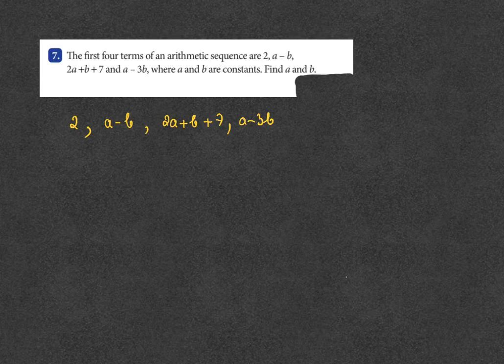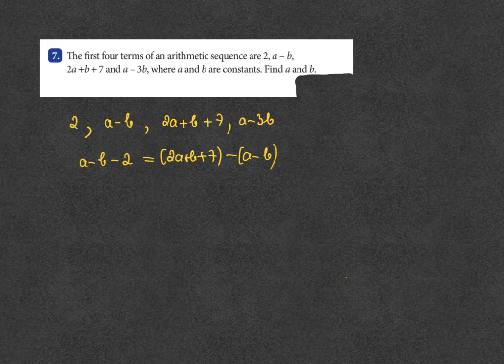So I know that it's arithmetic if a minus b take away 2 is 2a plus b plus 7 take away a minus b. And also, I can go with the difference between these two equals the same as the difference between these two, but let me act smarter and take these two because it's simpler, and these two.